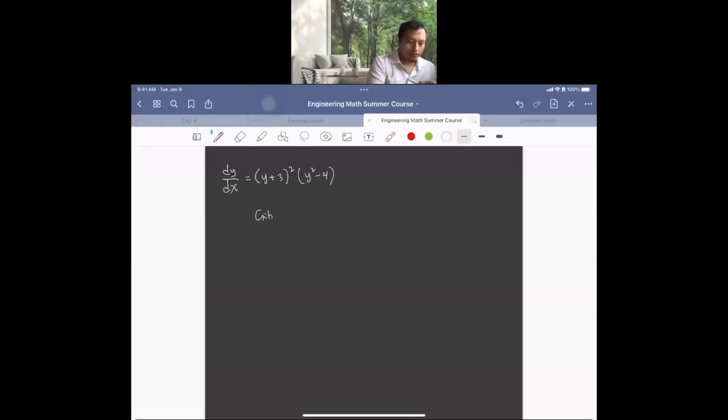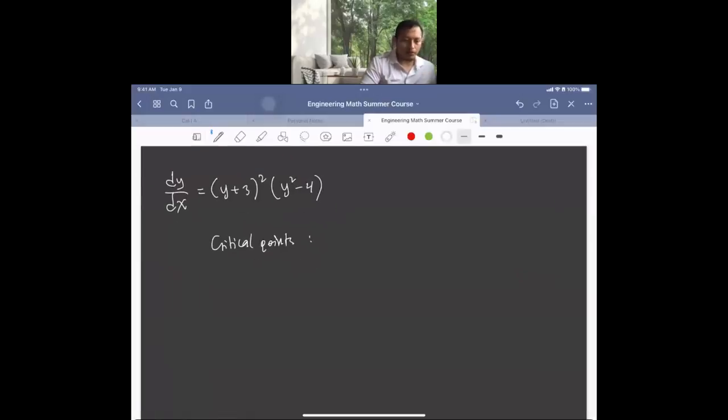Okay. Now, first is define our critical points, before we set up all the asymptote characteristic.